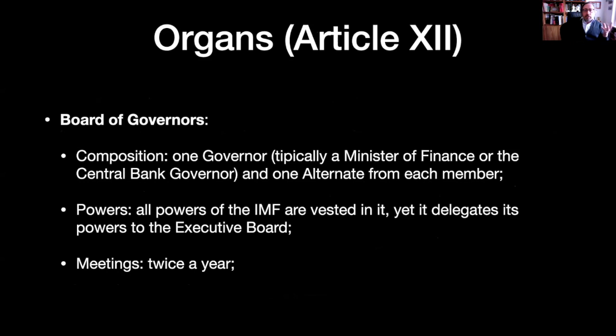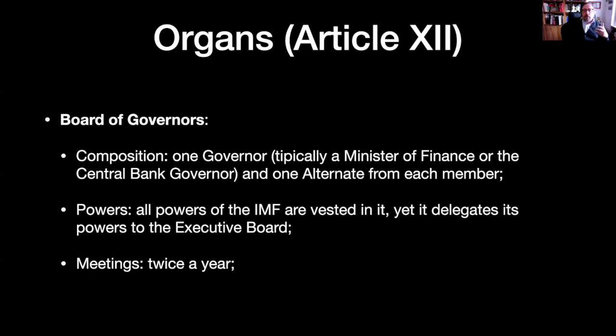Okay, so the organs, the bodies of the IMF, the top body, so the most important one, is the so-called Board of Governors. Now, governor is a title that is attributed in many countries to the chair of the National Central Bank. In Portugal, for instance, that's the name.